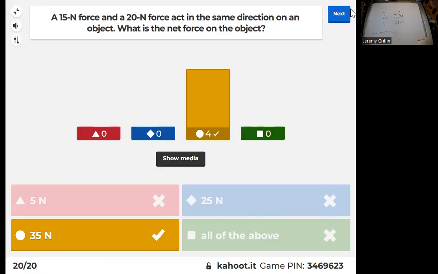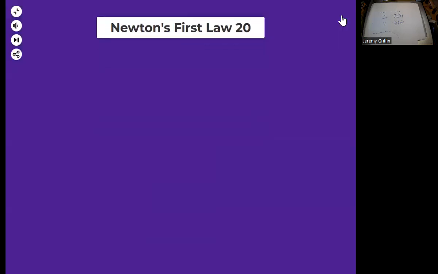Yeah, 35 newtons. So if you're pushing the same way, you just add the magnitudes. 15 plus 20 is 35. There you go.